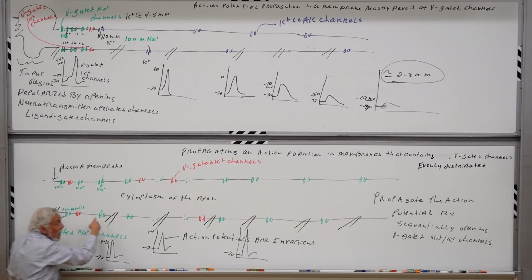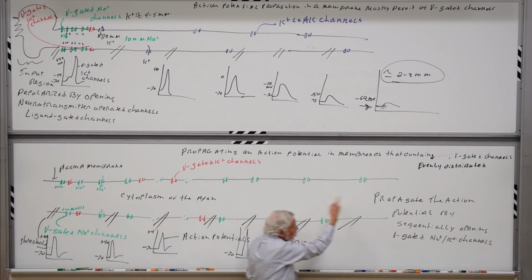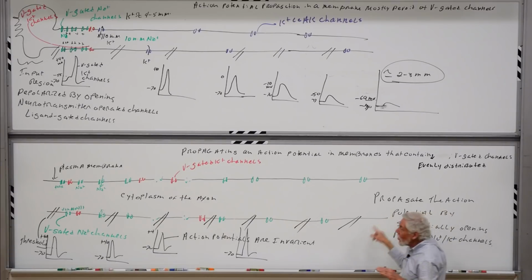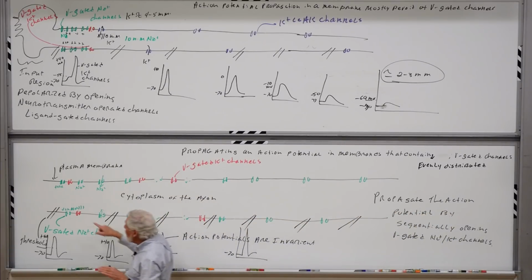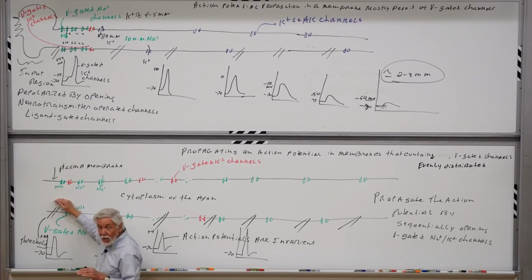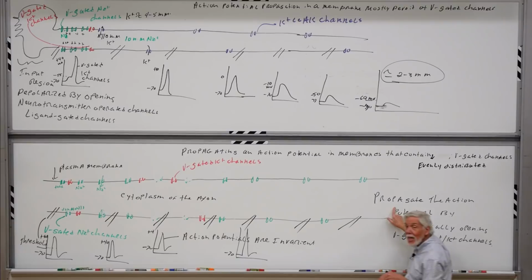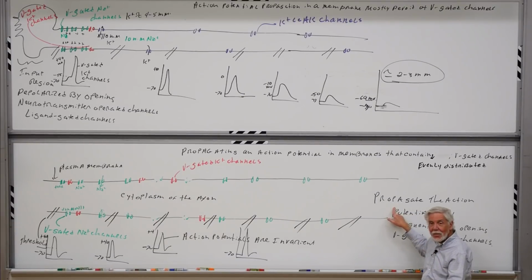But it's going to take a while for these potentials to propagate along the membrane and reach the electrode down here. So round numbers, let's make it easy. If the propagation rate in an unmyelinated axon is, say, a meter per second, and you put an electrode in here and you fire an action potential, you won't see the action potential drive the membrane to threshold down here a meter away until a second later.